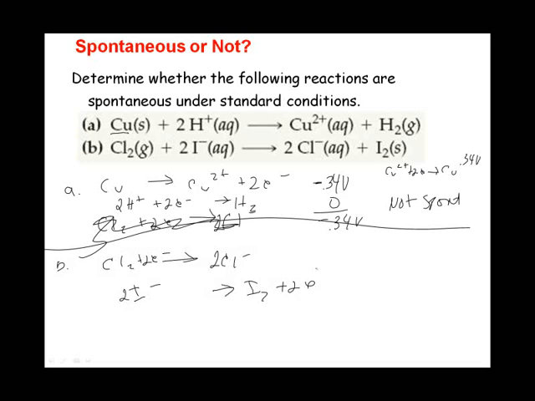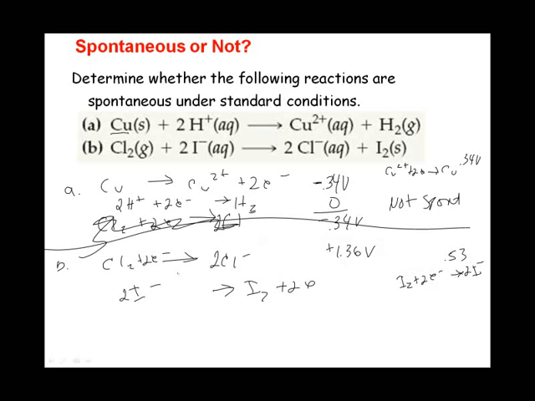Cl2 plus 2 electrons, the way it's written here, has a value of 1.36 volts positive. And on the table it has I2 plus 2 electrons becomes 2I minus, and that value is 0.53.